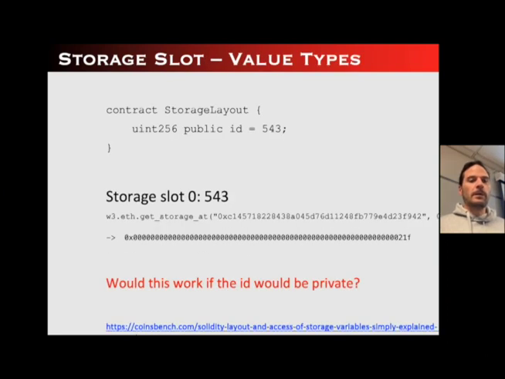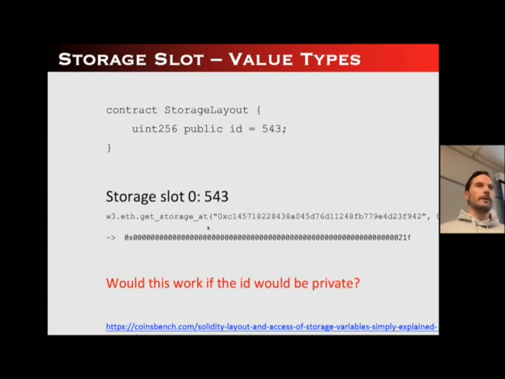So here we have an example. So we have the contract storage layout. It has a public uint256, which is 32 bytes, called ID, with a value of 543.